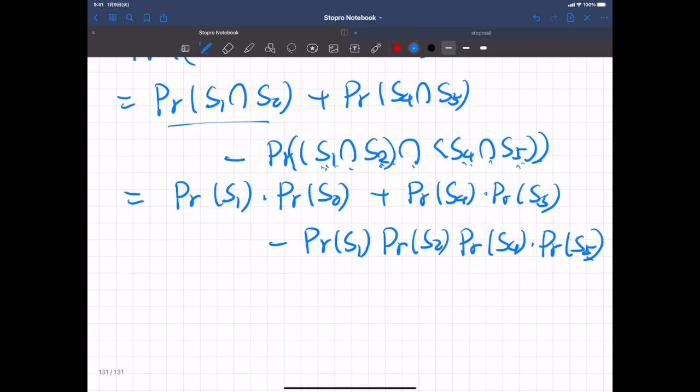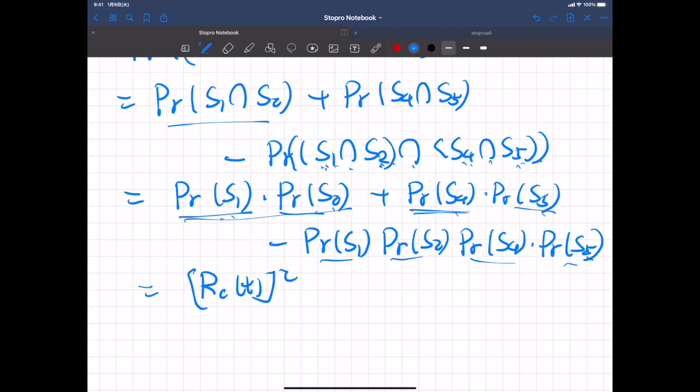But again, we assume all the components are identically distributed, so each of these probabilities has the same functional form, that is RC of t. So that will be RC of t squared from here, and another RC squared, so that's 2, and this is RC to the power of 4.